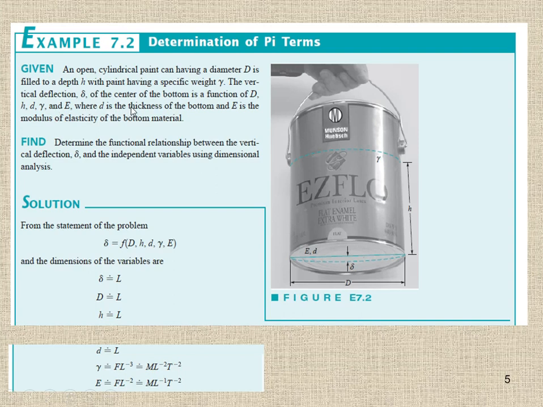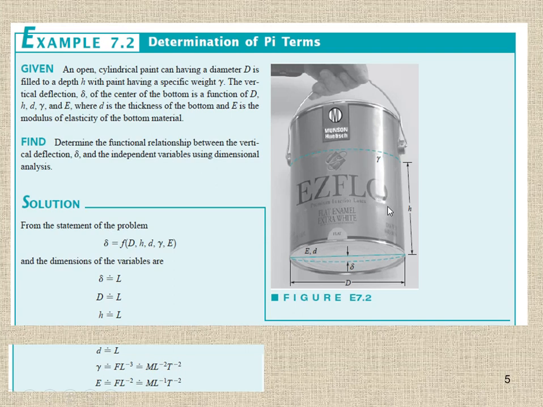Here small d is the thickness of the bottom, so the bottom plate has a thickness, and E is the modulus of elasticity of the bottom material. The thinner and softer the bottom material, the more the deflection. If it is stronger and thicker, the deflection will be less. It can hold the specific weight of the paint more strongly.